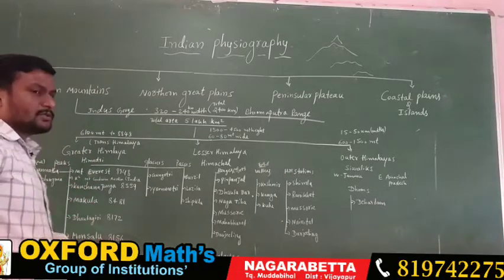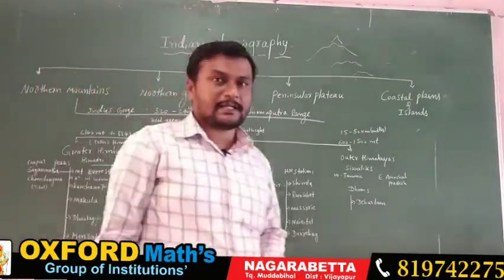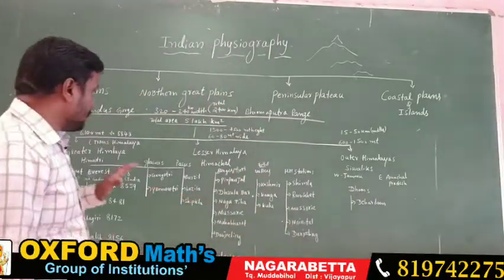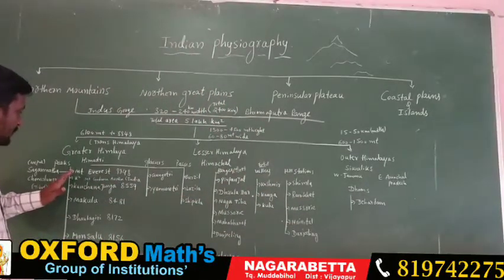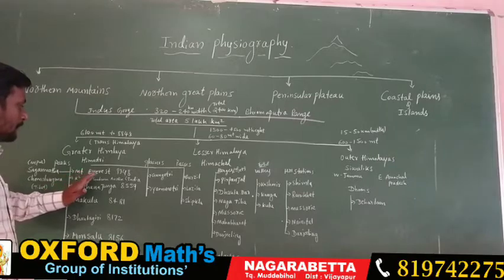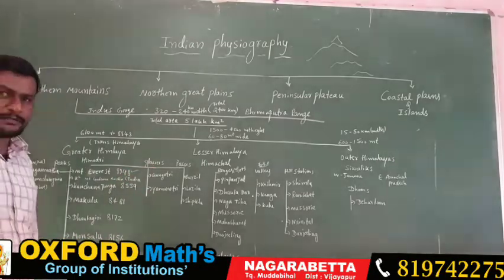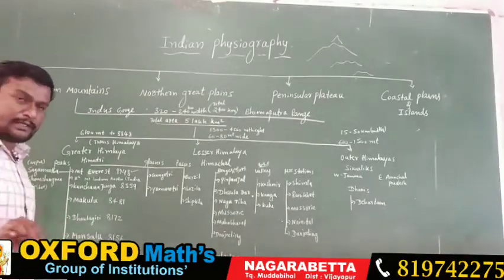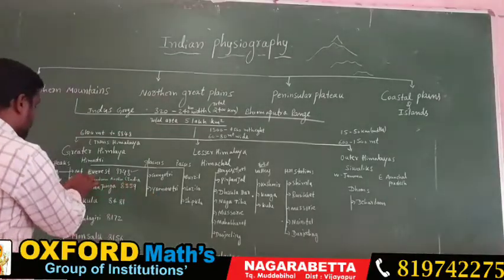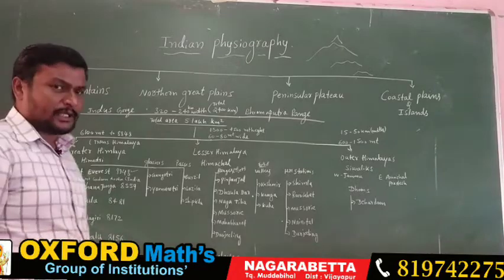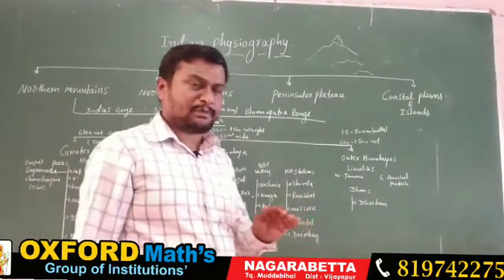Among the important peaks of the Greater Himalaya, I have written them here. The highest peak in the world is Mount Everest. What is the height? 8,848 meters from sea level. The second one is K2, Mount Godwin Austen, the second highest peak.